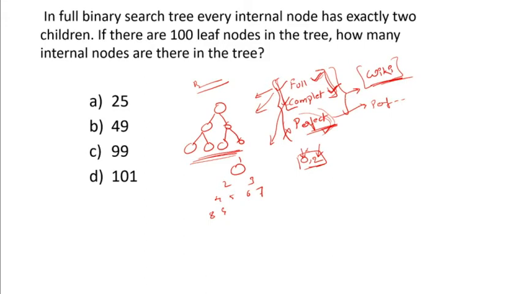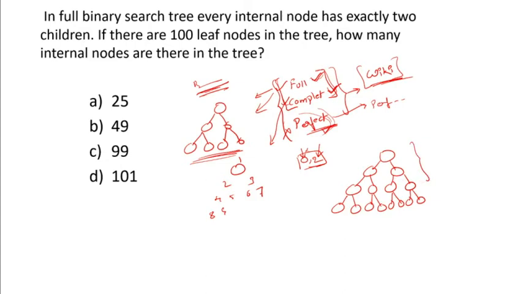When you're taking a binary search tree, take it in terms of BTech and tell me the answer. You have already learned a formula yesterday. So this is the full binary tree which I am trying to consider.